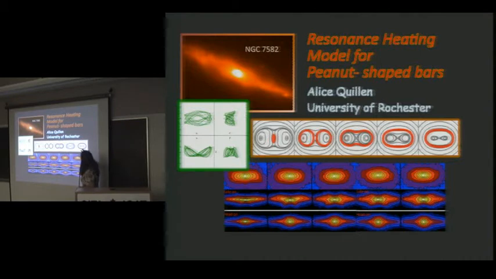And then this shows you level curves of a Hamiltonian model, which I made to try and predict the orbit shapes, and then to try to actually pin down what are the stars that are supporting this bizarre shape, and how they get in that shape, what lifted them off the plane. So I'll talk about the Hamiltonian model also.